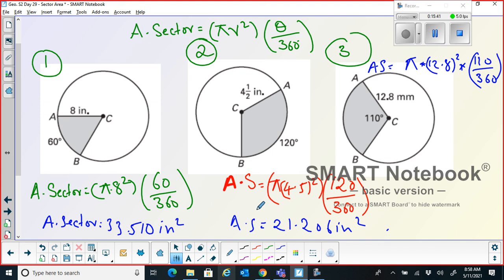And the last one. So we have 12.8 square instead of 4.5, and the angle made this time is 110, which will give us 275.